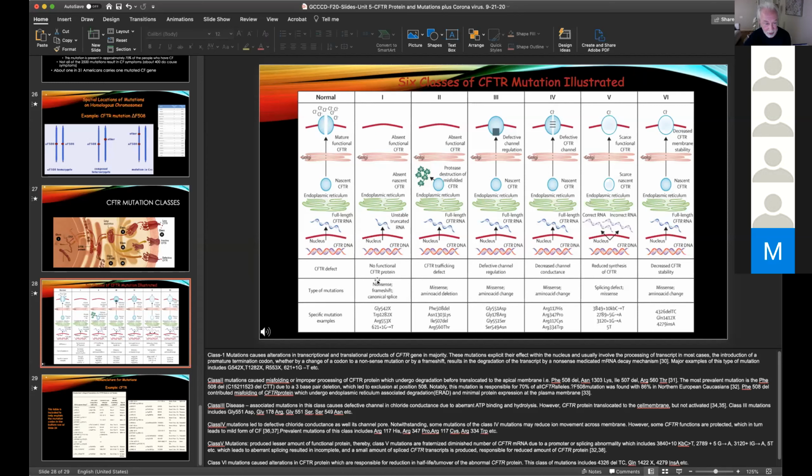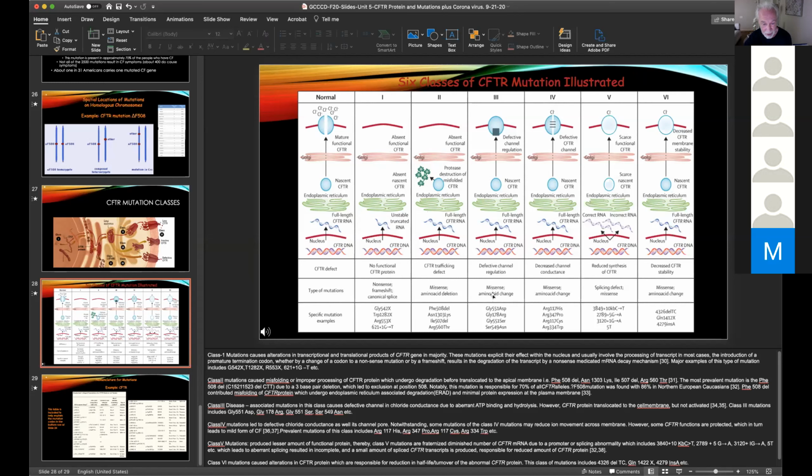Class 1 mutations, you get no functional protein, so there's nothing in the plasma membrane, no chloride transport. Class 2 mutations, the protein is produced, but it's not folded properly, and so it never gets to the plasma membrane to have a chance to function.